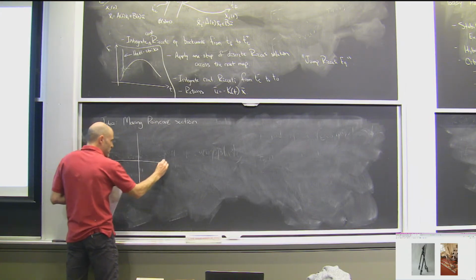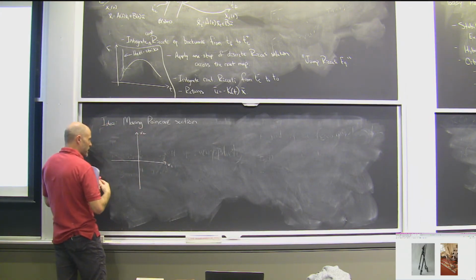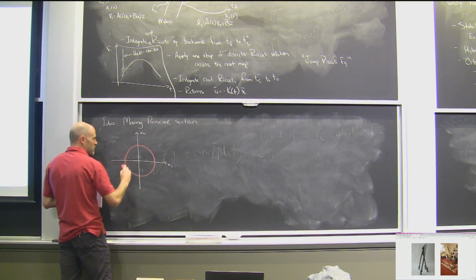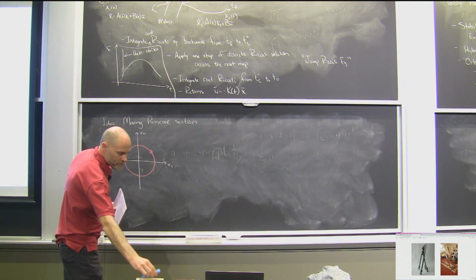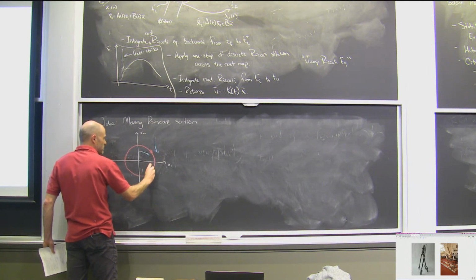Imagine I just have two variables. Imagine this is my nominal limit cycle, and I've got a nice stable convergence to this.